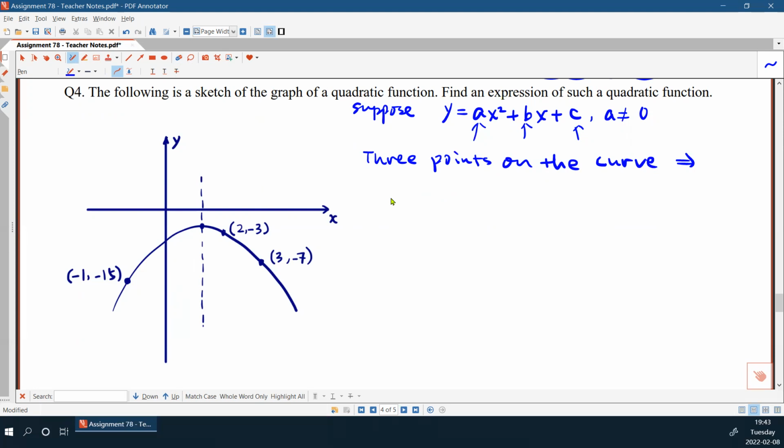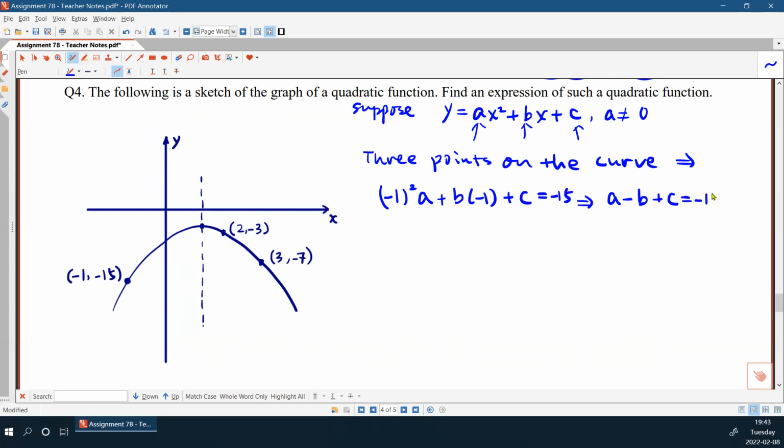This means -1 squared times a, then plus b times -1 plus c equals -15, right? Which means a minus b plus c should equal -15, not positive.